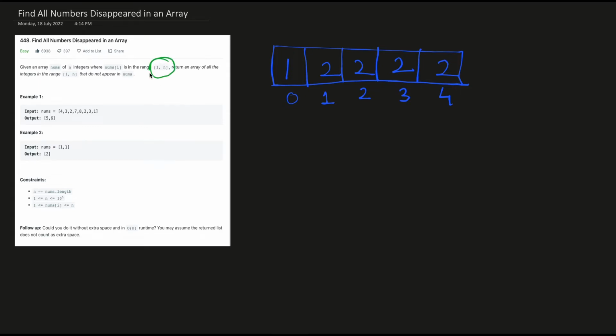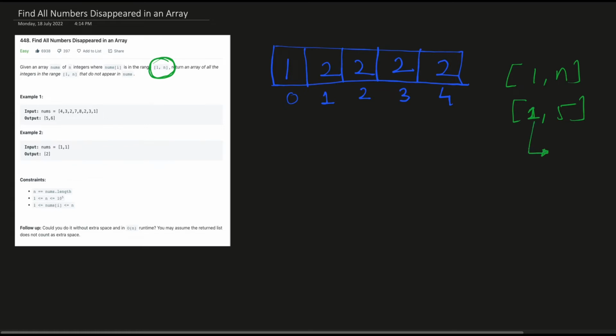We are basically given numbers in the range 1 to n. In this case, we are given numbers in the range 1 to 5. So, as the range starts from 1, we could say one more thing, that all the numbers are positive. So, can we use this to our advantage?